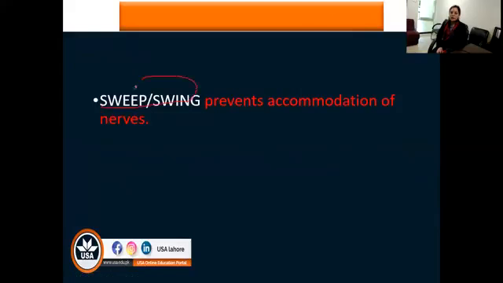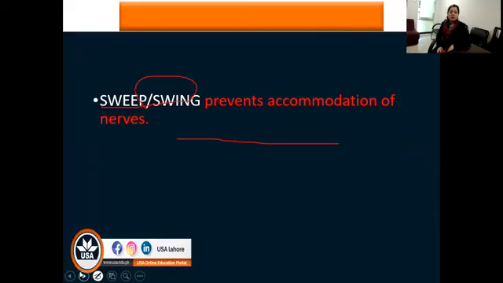Sweep and swing frequency is going to prevent accommodation, because we know accommodation is a property of a nerve in which it adjusts to our intensity, and with a constant intensity of the current, it doesn't show any response and it actually accommodates to that. So we need to introduce some variation, and we said that rectangular current is very good.